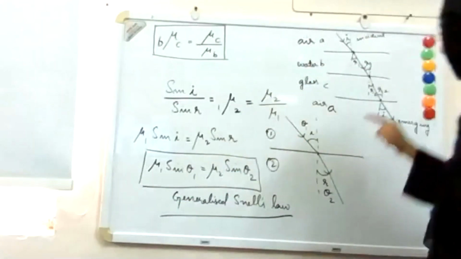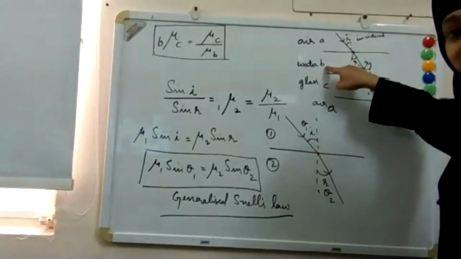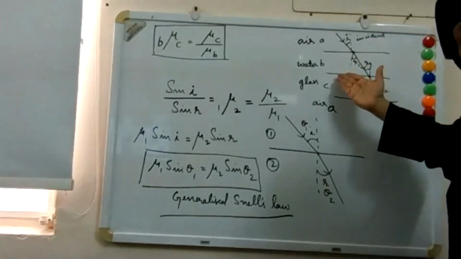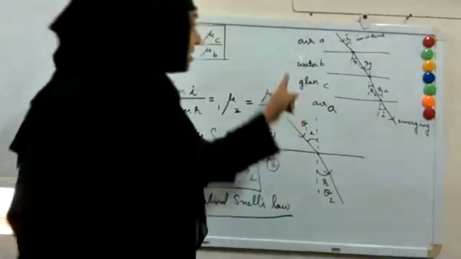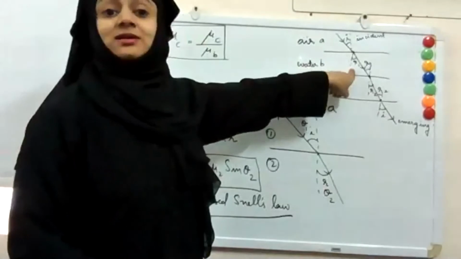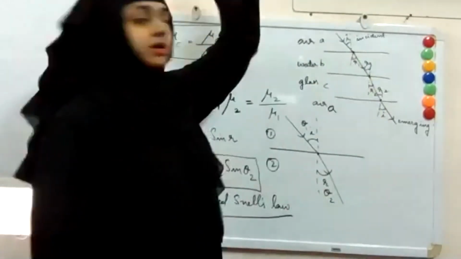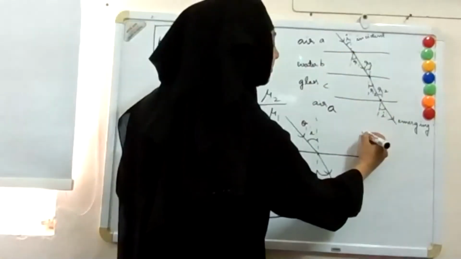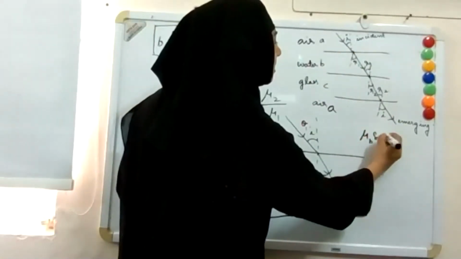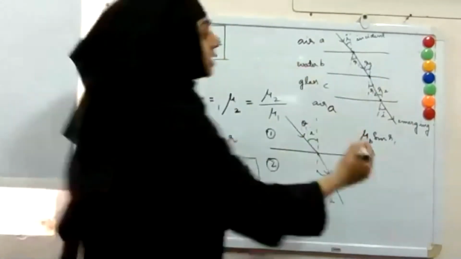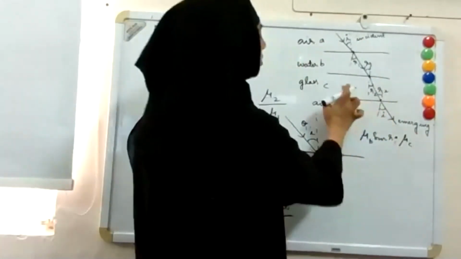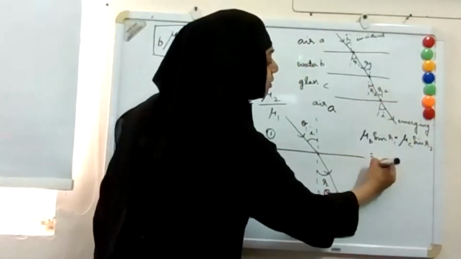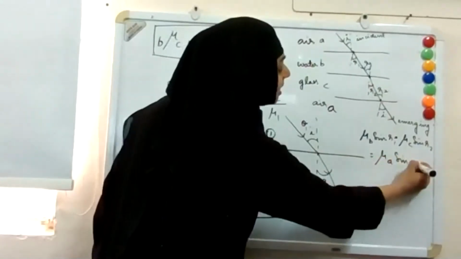See here, in one particular medium, medium B, the angle made in both places is the same, R1. So you can write mu B into sine R1. Doesn't matter whether light is traveling from here to there or there to here. So mu B times sine R1, the angle in that medium, is equal to mu C into sine R2, the angle made in that medium, is equal to mu A sine I, the angle made in that medium.